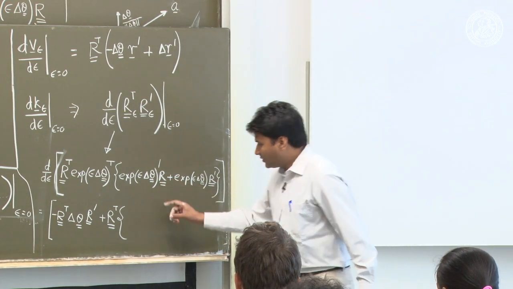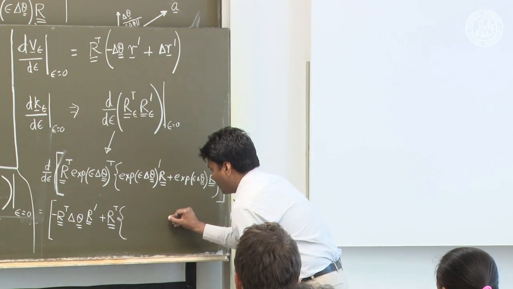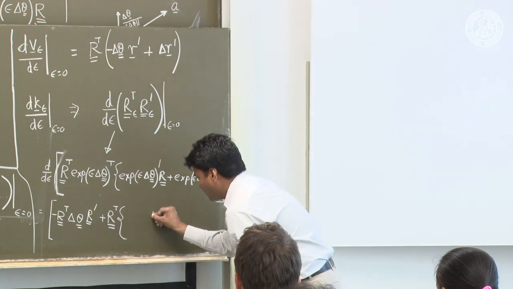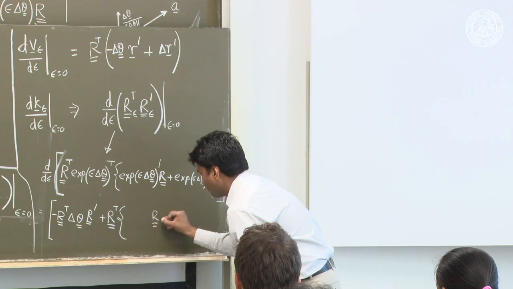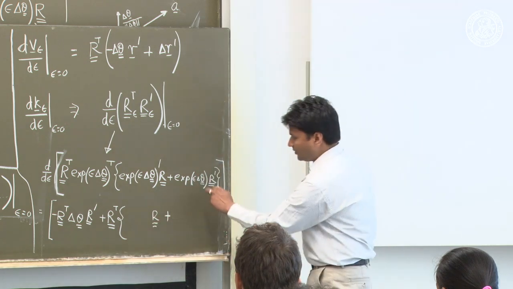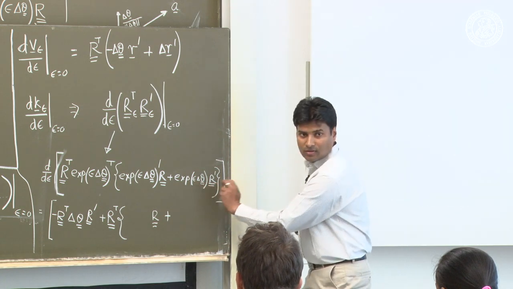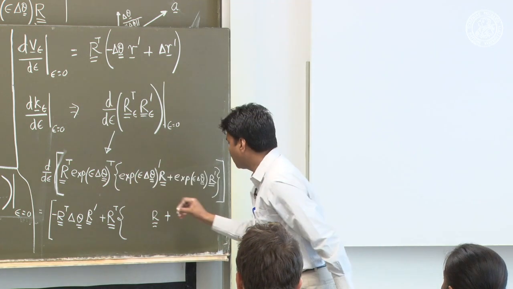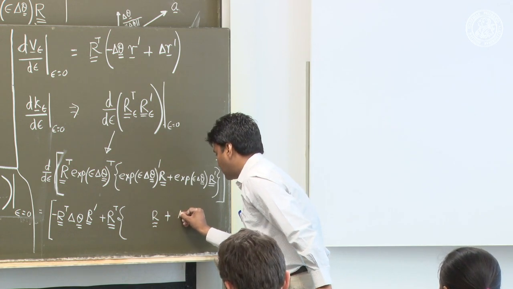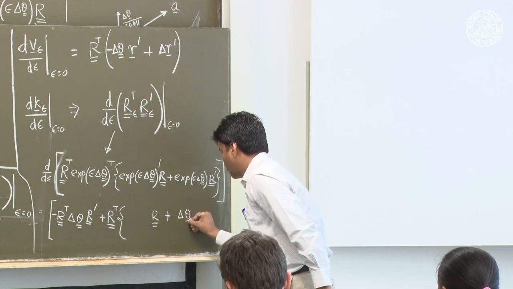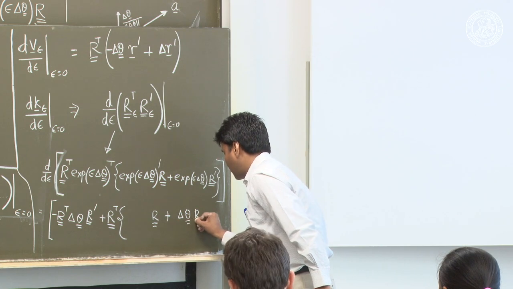Anyway, so keep that over here. So we'll get something times big R plus d by d epsilon of this thing which we have already worked out, that's delta theta times big R prime.